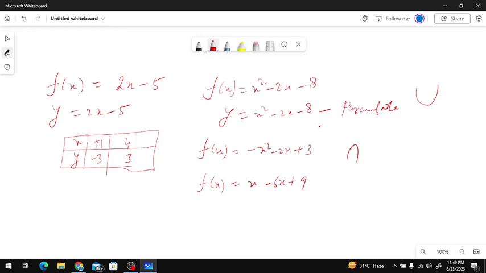So the coefficient of x square in f(x) is a positive real number, so the parabola opens upward, and both values will be equal.